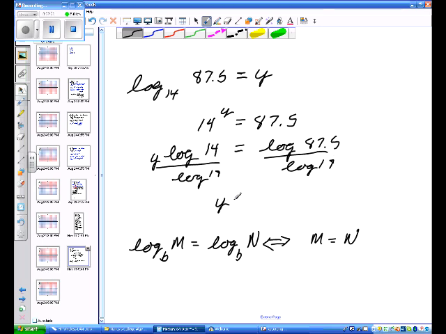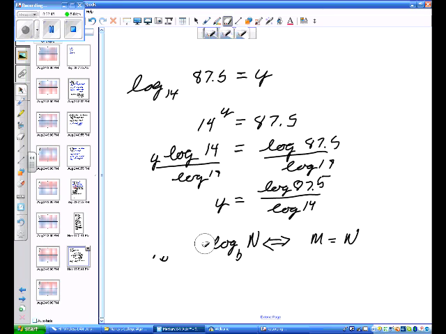So I get that y is equal to the log of 87.5 divided by the log of 14. Now I can go to my calculator and work this because these are in base 10. So let me just erase this, and then we're going to pull up the calculator and look at how to use the calculator to work these.